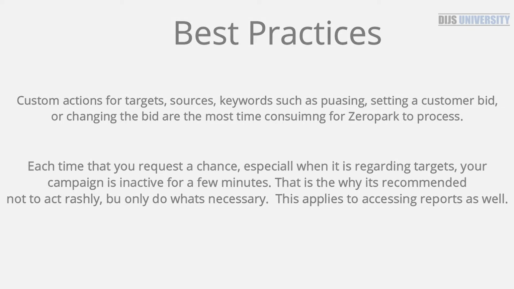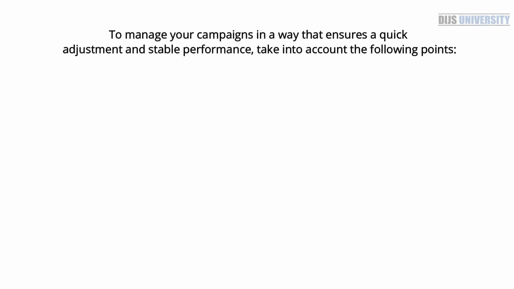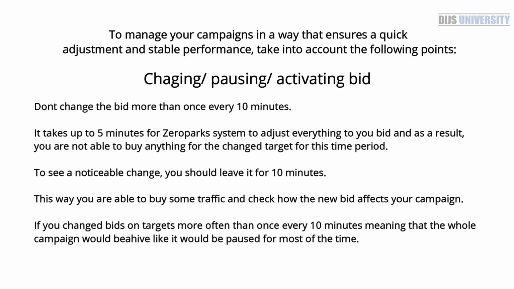And lastly, to manage your campaigns in a way that ensures a quick adjustment and stable performance, take into account the following points. When you're changing and pausing and activating your bid, you should not change your bid more than once every 10 minutes. The reason is because it takes up to 5 minutes for the Zeropark system to adjust everything to your bid. As a result, you're not going to be able to buy anything from the changed target during this time period.